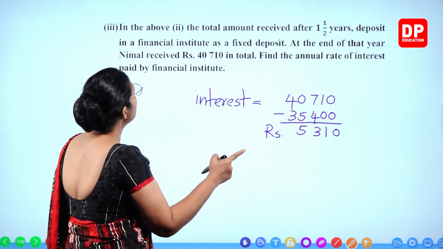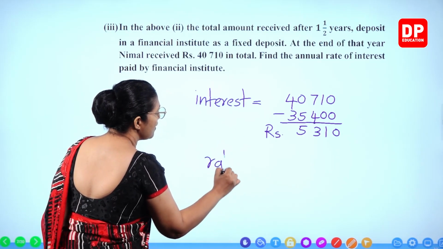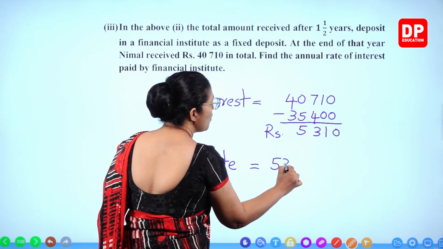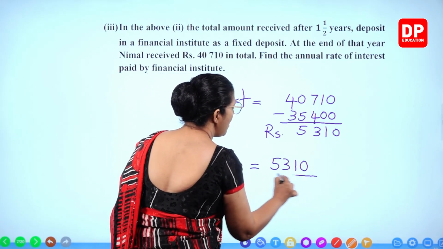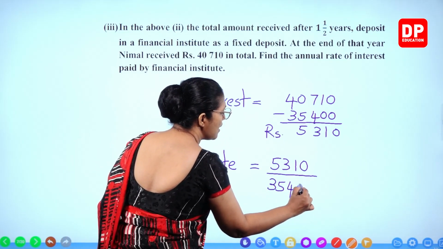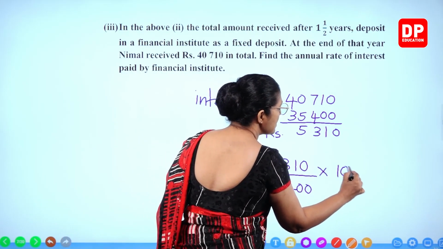So what is the annual rate? The rate is given as the interest, 5,310, for 35,400. That's the amount he invested, into 100%.